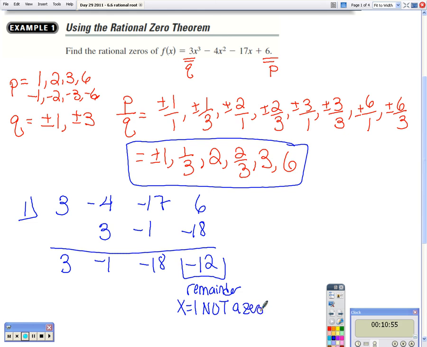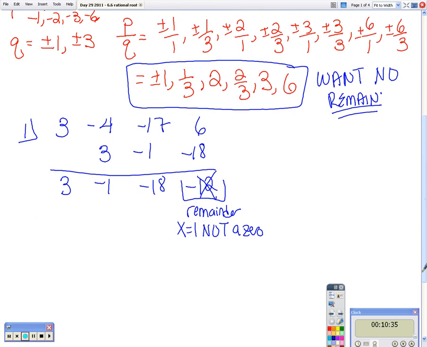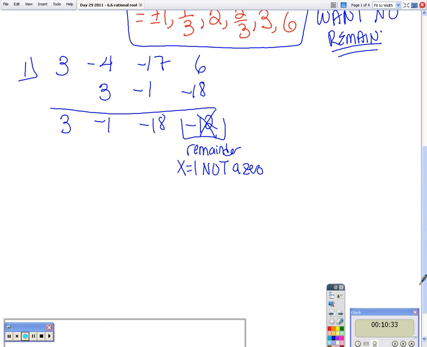We want no remainder. So 1 does not work. So now let's try negative 2. Do that underneath.